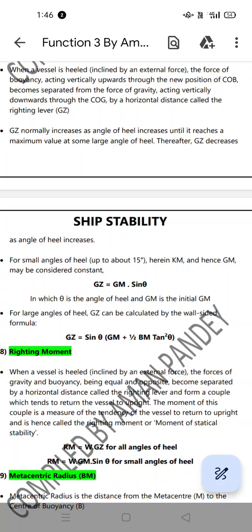Basically, when the vessel heels, the center of buoyancy changes, so that horizontal distance between the new center of buoyancy and the center of gravity is known as GZ, and it tries to upright the vessel. GZ equals GM sin theta, and GZ equals (GM plus half BM tan square theta) sin theta.